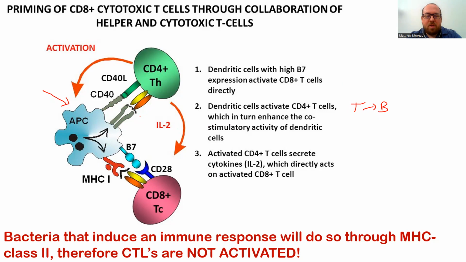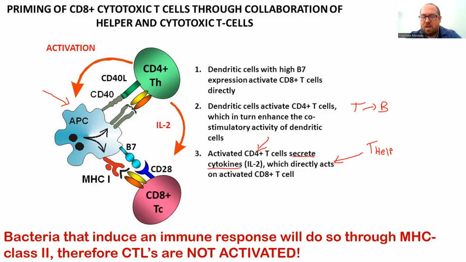And MHC class 1 and MHC class 2 are important for the ability to activate certain subsets or subpopulations of T cells. The two different kinds that we have are CD4 positive T cells, which are our T helper cells, and their predominant role is helping the immune system by way of secreting cytokines.